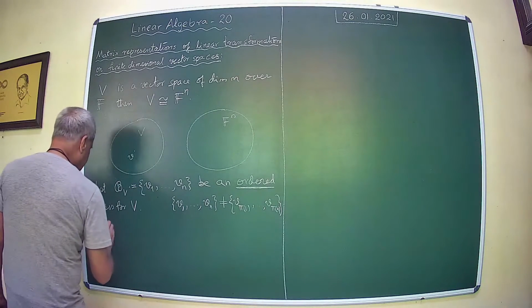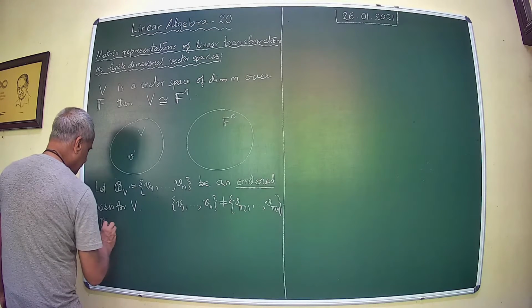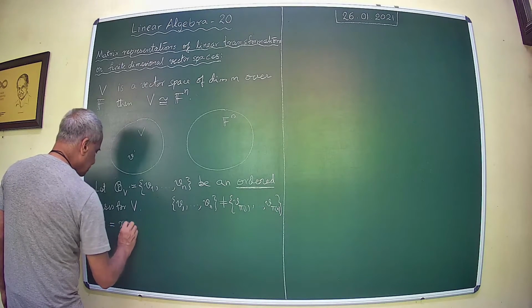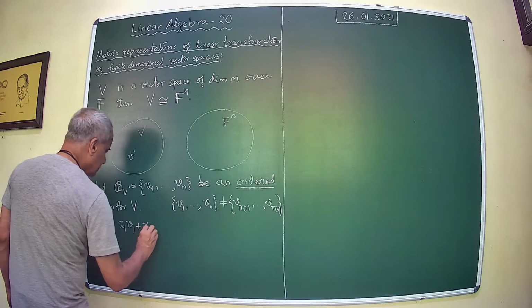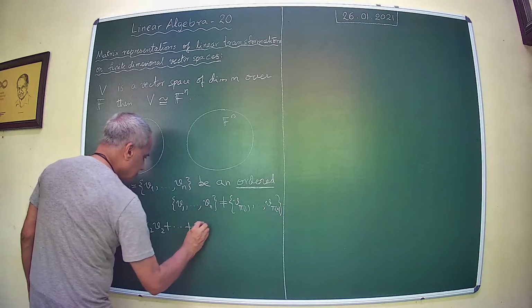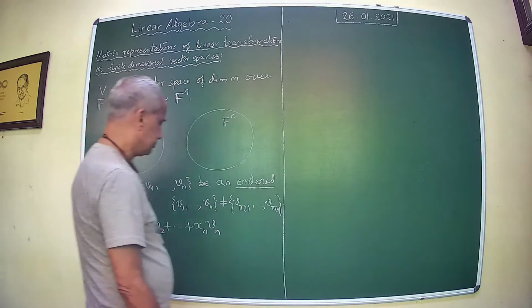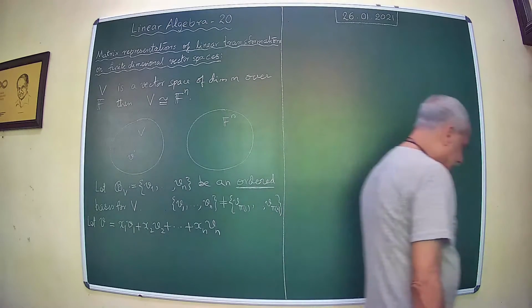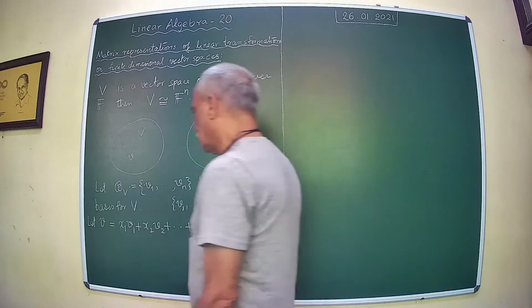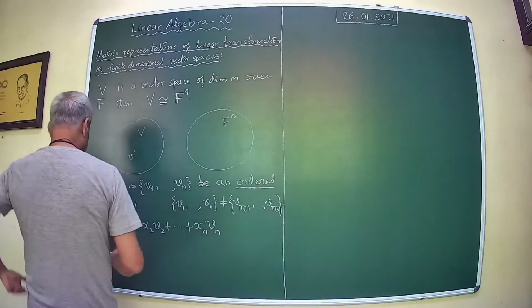Now you know that once we fix the basis, v has a unique representation. It is a unique linear combination of v1, v2, etc., vn. What we defined, you recall, was the following.